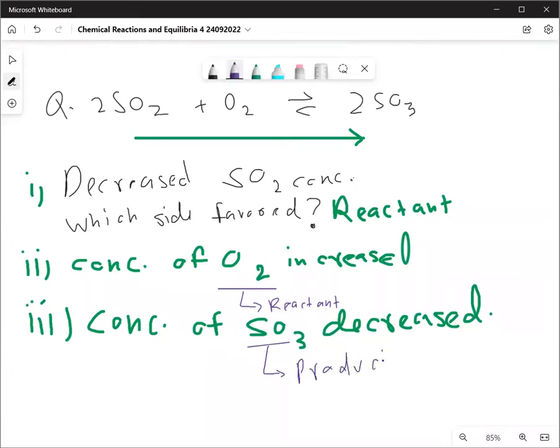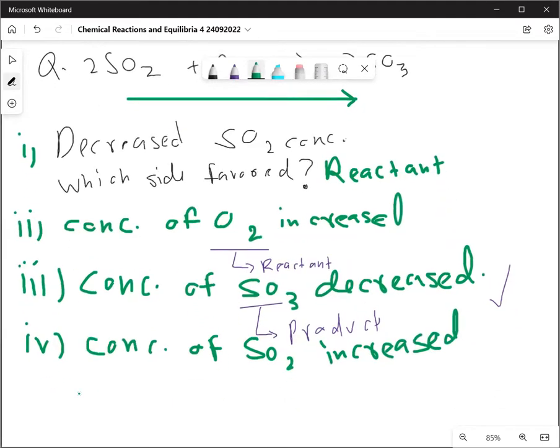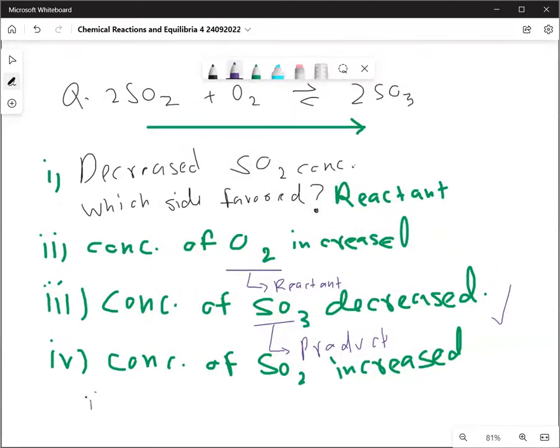So far this one was correct. Good job. Now the fourth one in the same reaction. The concentration of SO2 is increased. Write the answer in the chat, Zahra. Niranjana, tell me the answer. Sir, can I say it here, because then I have to come back to the board and the chat disappears again. Okay, say it to me.